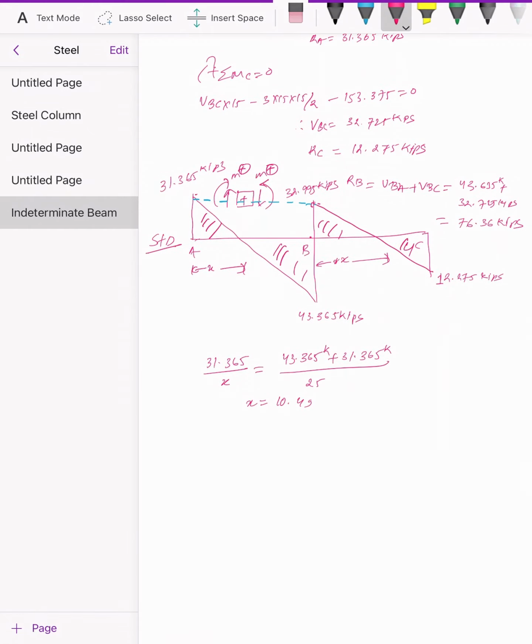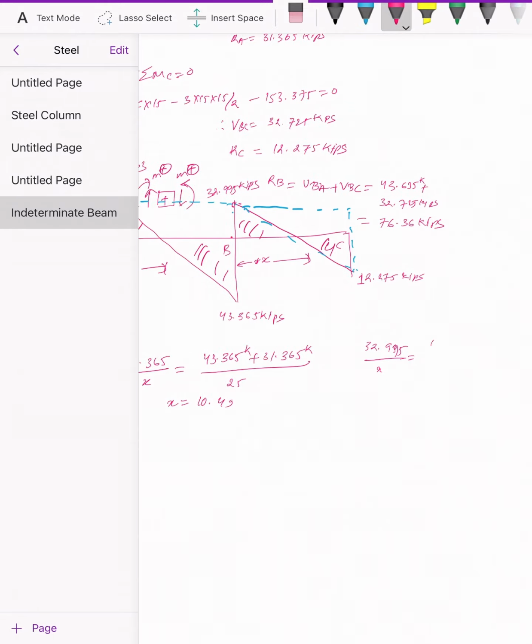Okay, let me go ahead and calculate the other distance too. If I wanted to find that, let me make this big triangle and this small triangle. So that will be 32.995 divided by x equals 275 kips plus 32.995 kips divided by the total, 15.